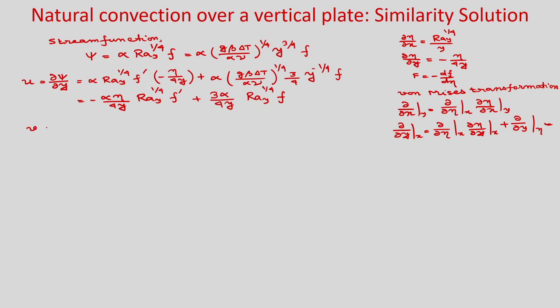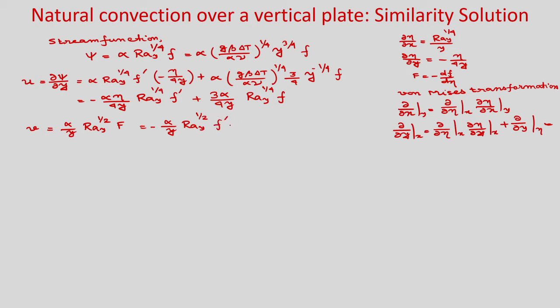Now, let us write the velocity v in terms of small f. In terms of capital F we have already written. So, you know that v is equal to alpha by y Rayleigh number to the power half F, and this F is minus df by d eta. So, you can write minus alpha by y Rayleigh number to the power half f prime.